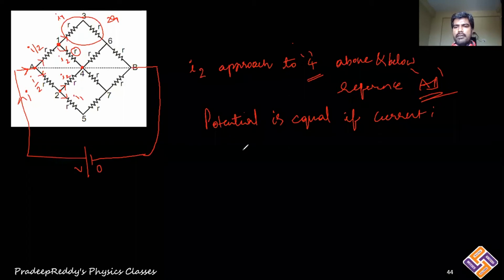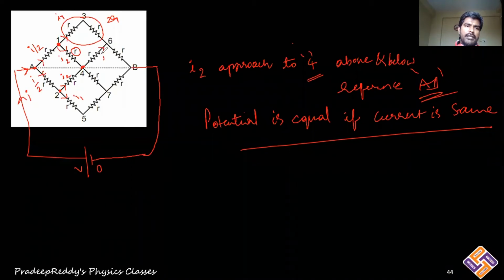Potential is equal if current is same. So therefore, that means at this potential point 4, the current I2 coming from 1 to 4 enters into this region without any division.